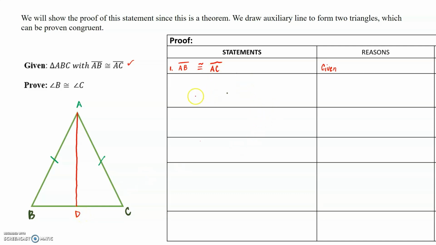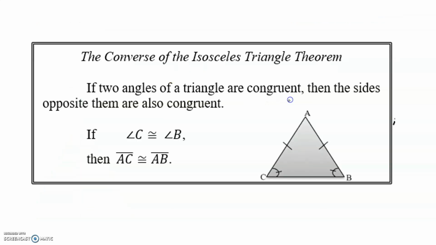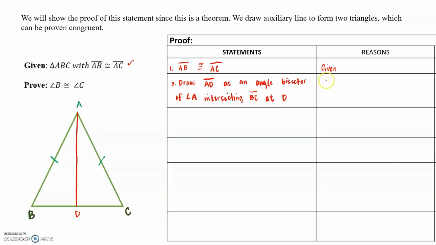So let's write in our statement, what did we do? We draw segment AD as an angle bisector of angle A intersecting segment BC at D. Okay, and our reason for that is that every angle has exactly one bisector.